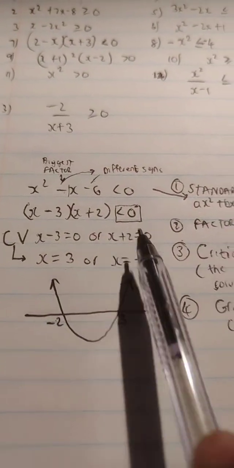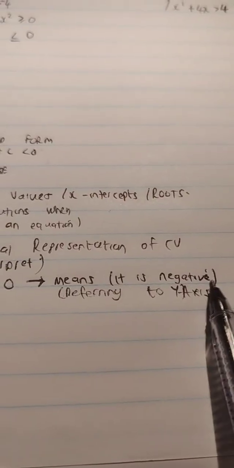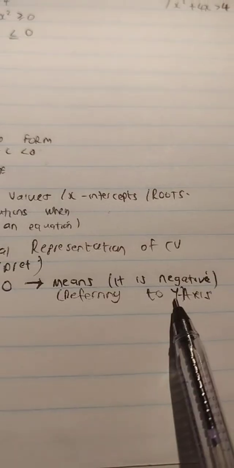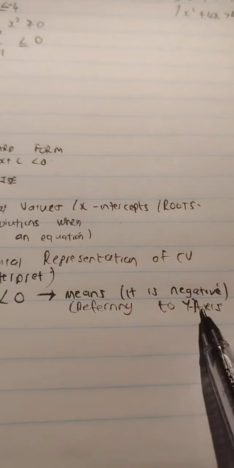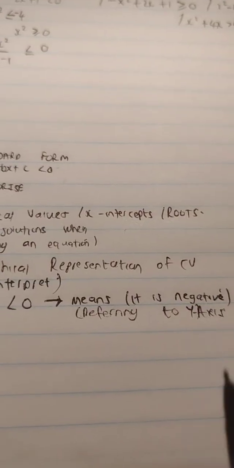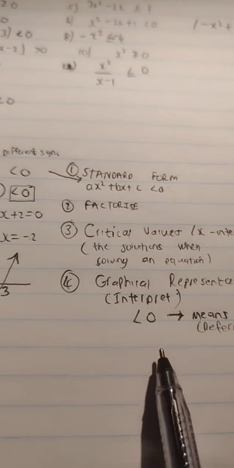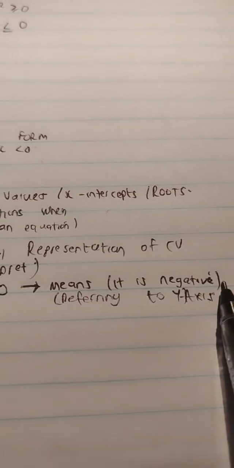Less than 0, guys, means negative. What is negative? We are talking about the y-axis. Where in the y-axis are the values of y negative? I repeat, less than 0 means it is negative.